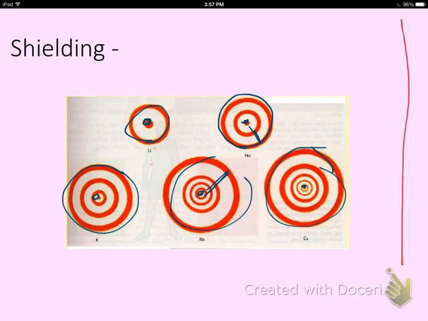There's more space between the nucleus and the outer electrons. And in some ways, the space and the electrons in here do what's called shielding. The distance itself, plus the electrons in the way, shield that positive attraction to those electrons on the outside. Okay.